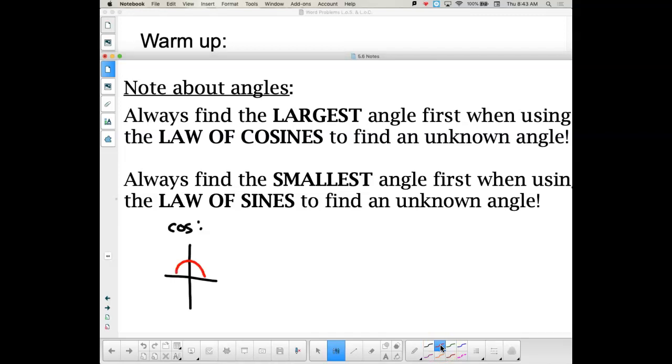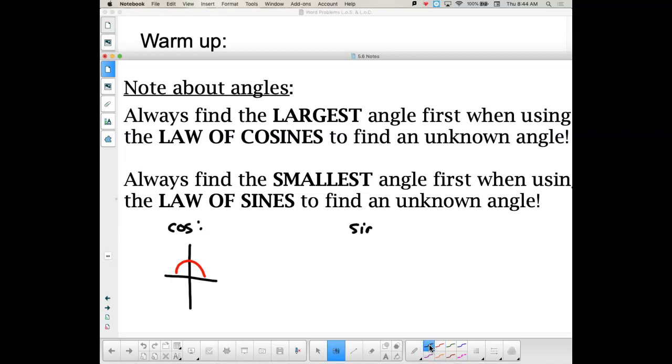So inverse cosine will give you an angle between 0 and 180 degrees. So it can give you an obtuse angle. That's why law of cosines always finds the biggest ones.